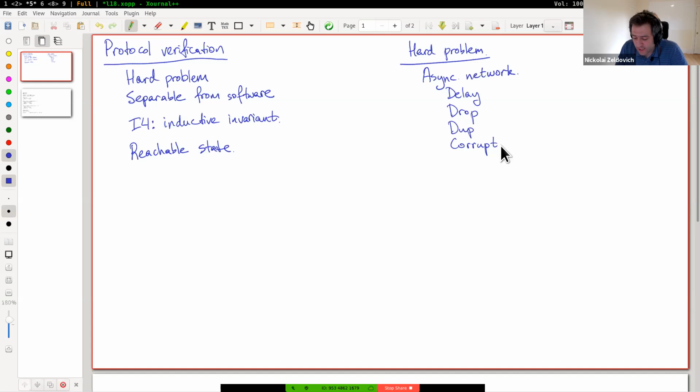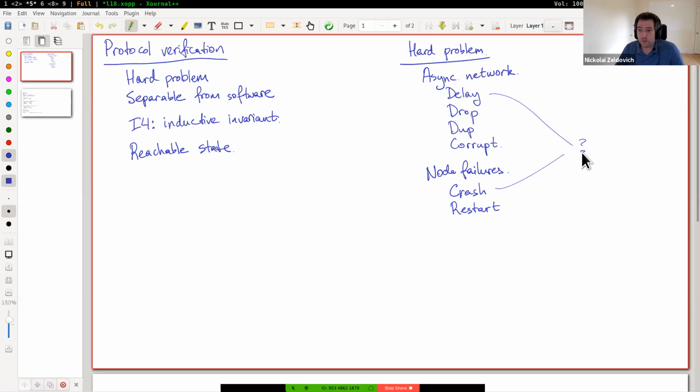The second class of problems that make distributed systems difficult is node failures. Here, what I mean is that you might have computers participating in the system that crash and then potentially restart and start running again. And one thing that Butler mentioned on Thursday as well is that it's difficult to tell apart crashes versus delays or drops in the network.